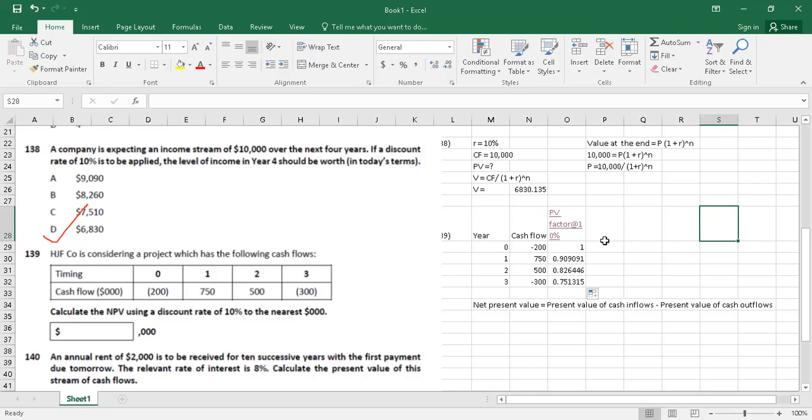Now to find the present value of each period's cash flows, we just multiply these two columns.